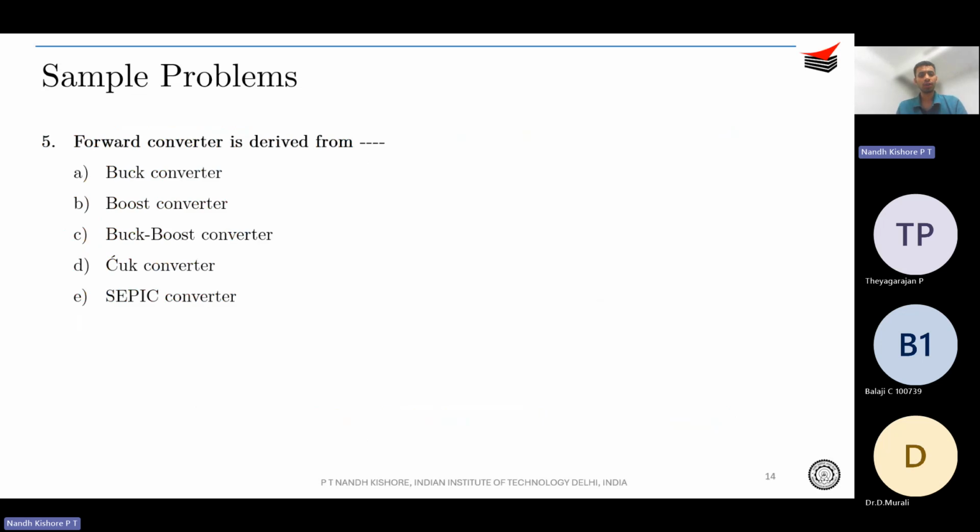Okay, so next question is pretty simple. Forward converter is derived from dash: buck, boost, buck-boost, Cuk, or SEPIC. SEPIC full form, just for information, is single-ended primary inductor converter.